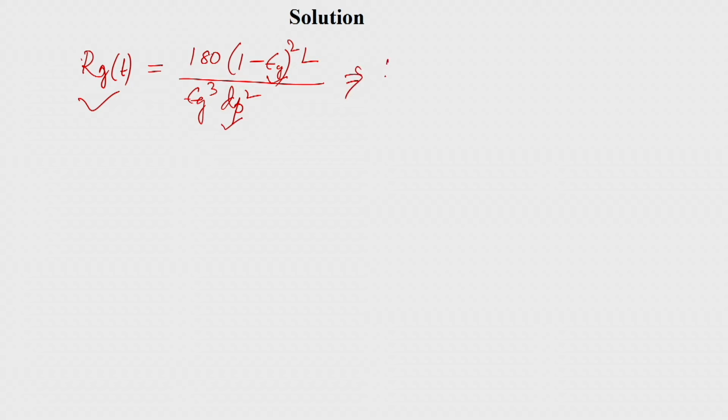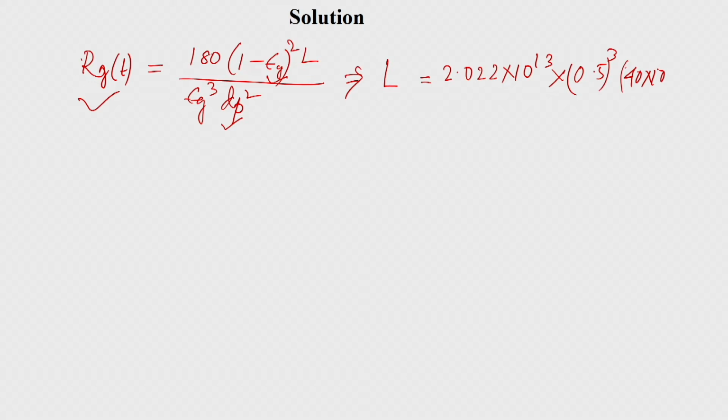From there, L is equal to whatever the Rg value is, now we have got 2.022 into 10 to the power 13, into epsilon g, that is 0.5, cubed, into dp, which is 40 into 10 to the power minus 9, squared.